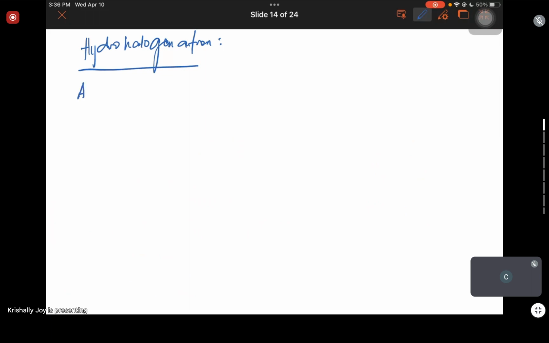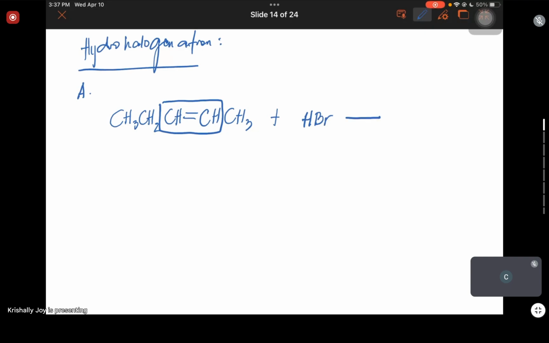The first case is that it is possible that the double bond carbon atoms have the same degree of substitution. For example, CH3, CH2, CH, double bond, and then CH then CH3. Try to observe the highlighted double bond carbons. Let's say the reaction is hydrobromination.